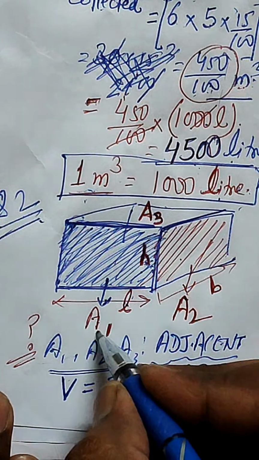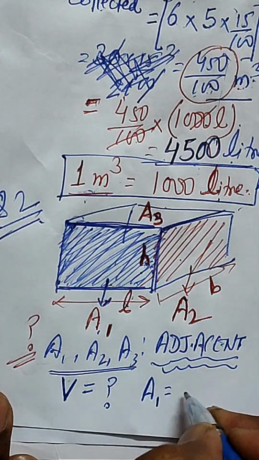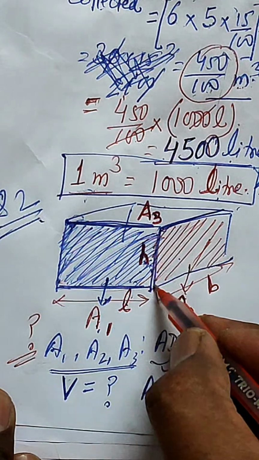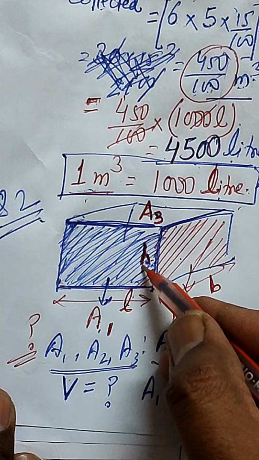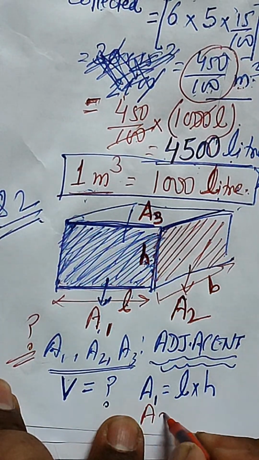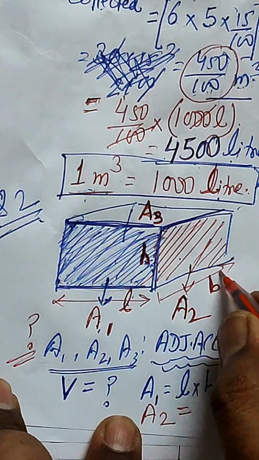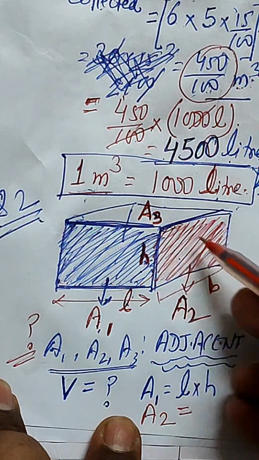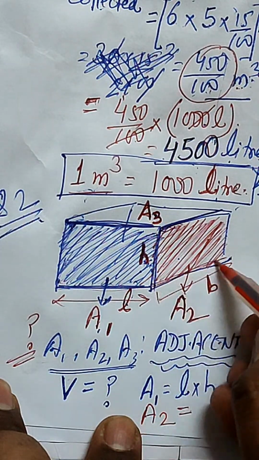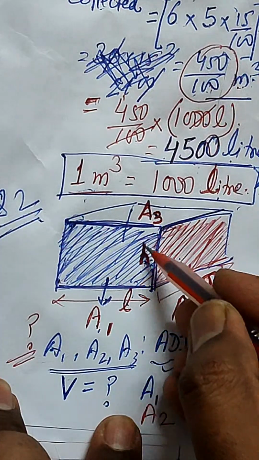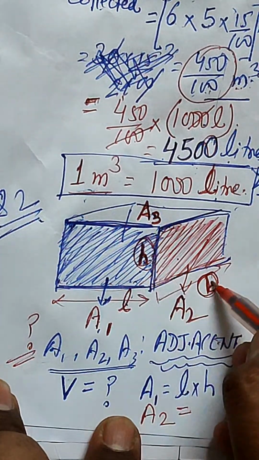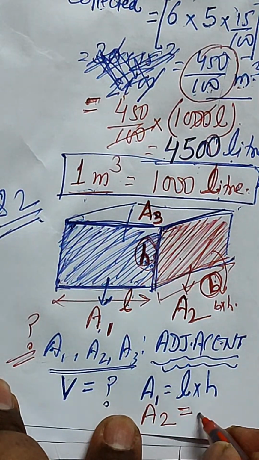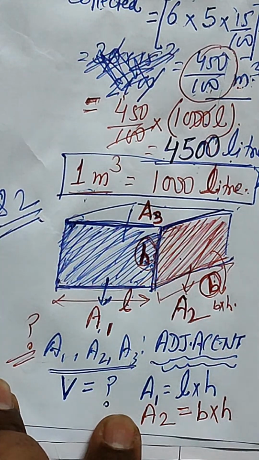So here we can write A1 equal to L into H. This is L and this is H, a simple rectangle, so L into H. Similarly, A2, the red marked face, has two dimensions: the length is B and the height is H. So it will be B into H, so in place of A2 we can write B into H.